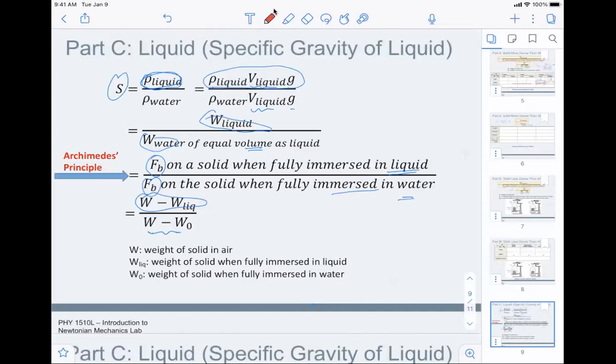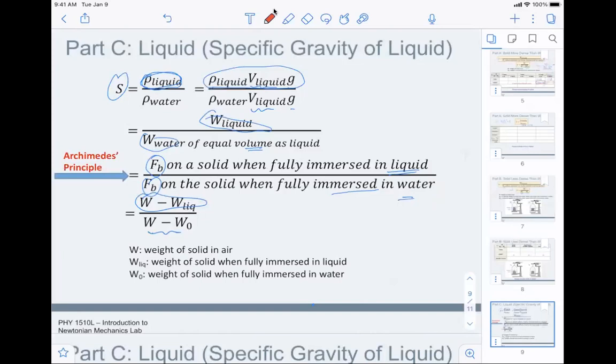The specific gravity definition is the same for the liquid: the density of the liquid divided by the density of the water. If we multiply the equation by the volume of the liquid times little g, the numerator becomes the weight of the liquid, and the denominator becomes the weight of the water that has the same volume as the liquid.